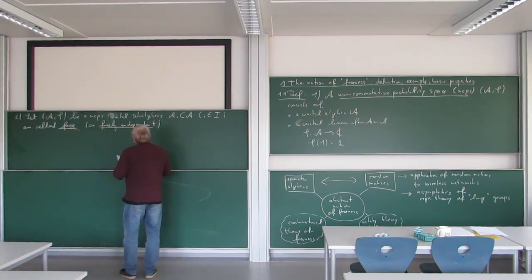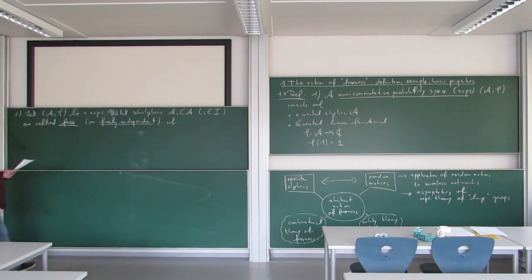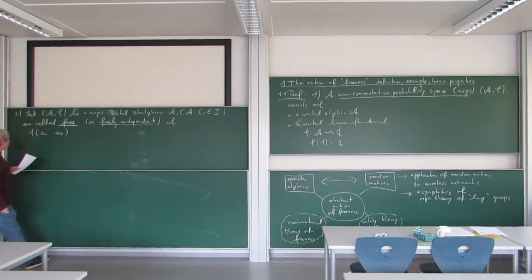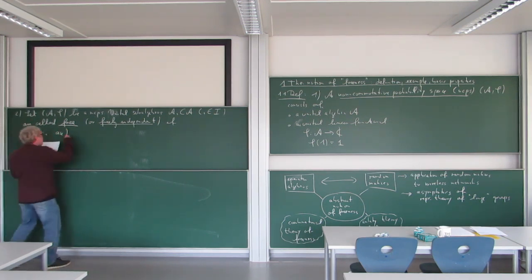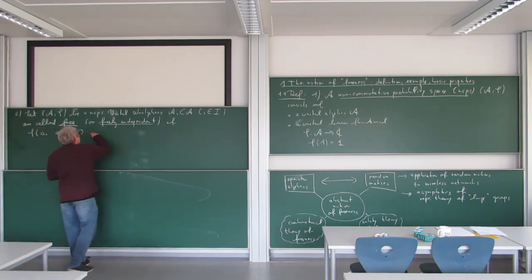Okay, so they are free if a condition on phi holds, where we prescribe some relations or equations for phi, saying that phi of some terms has to be zero. So I'm looking at the product phi of a_1 up to a_k, and this has to be zero in many cases.